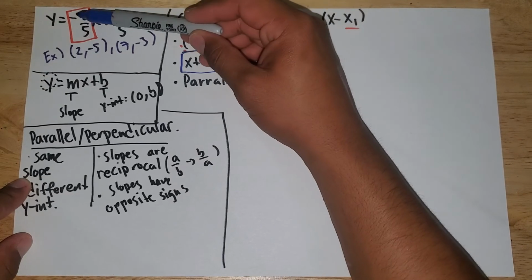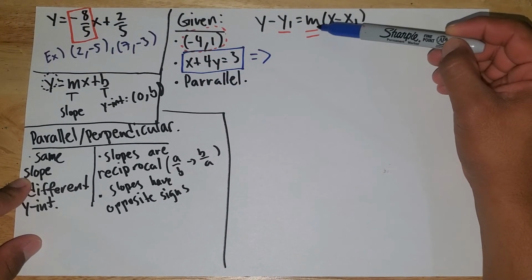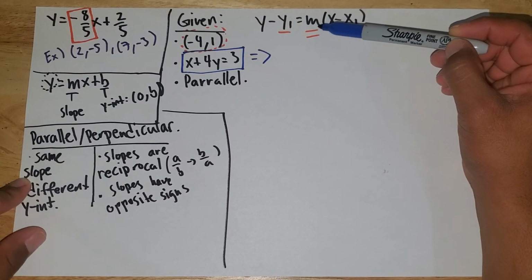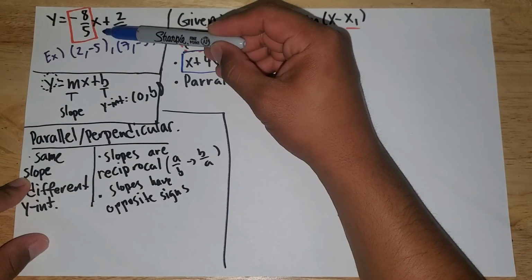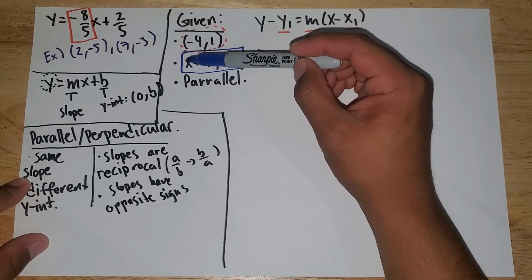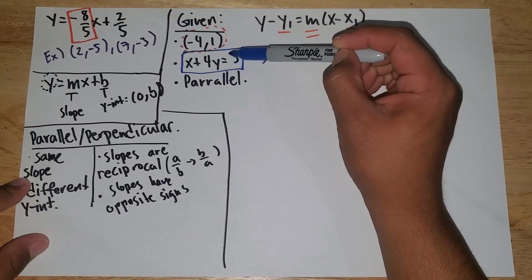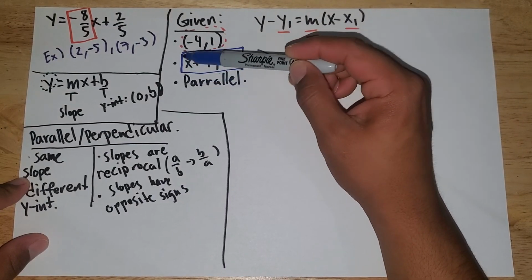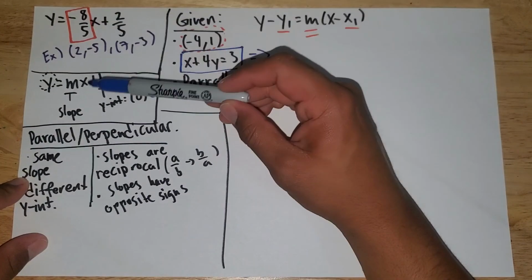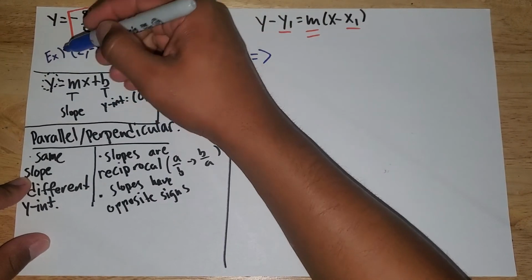So in this example, if the slope was negative 8 over 5, I would literally use negative 8 over 5 here. But I'm not using that equation, I'm using this equation. And don't just look at the coefficient of x. Before you can identify the slope of a linear equation, it must be in slope-intercept form.